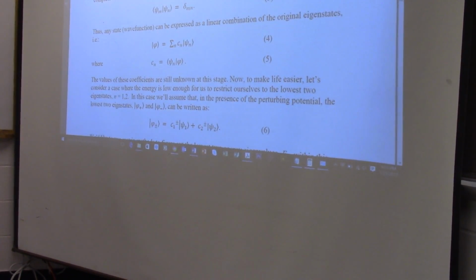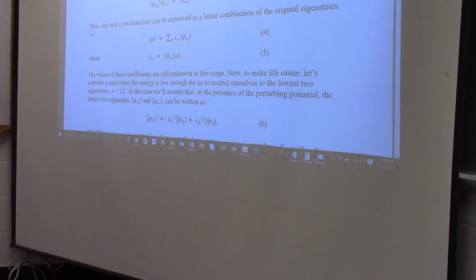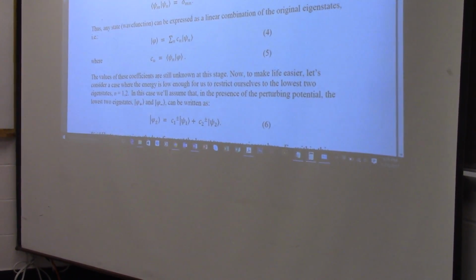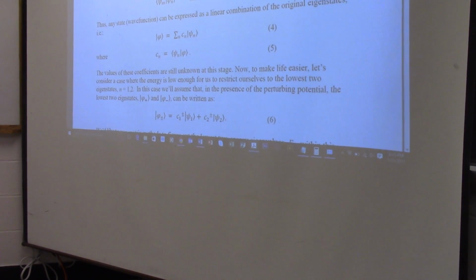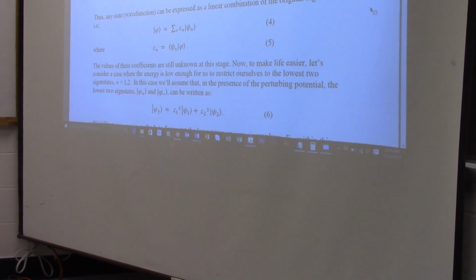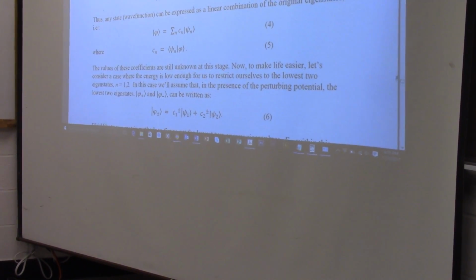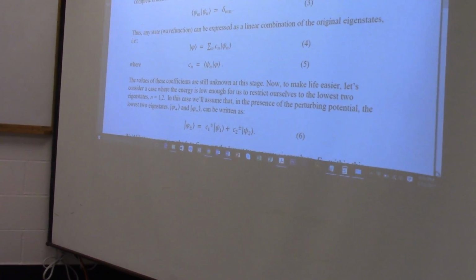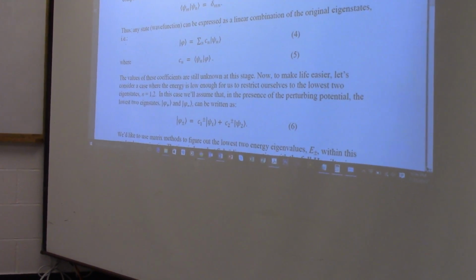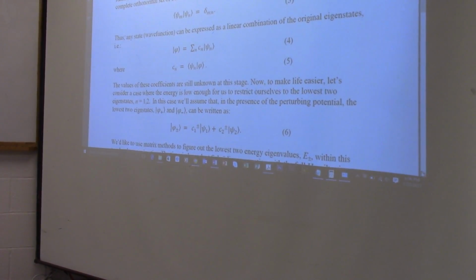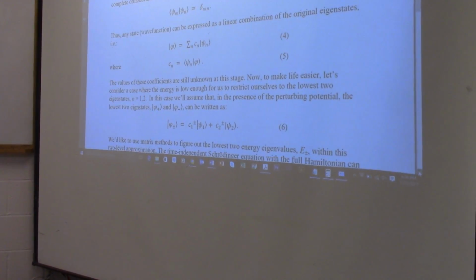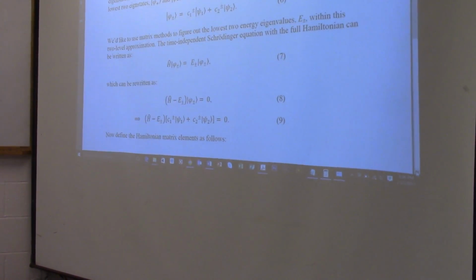Now, what I did in these notes is I said, I don't want to do an n by n, nasty diagonalization problem. So let's simplify it and suppose we just look at the bottom two eigenstates.